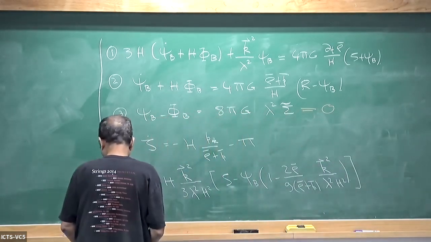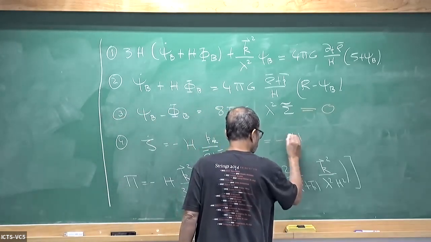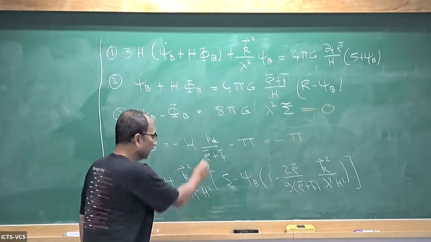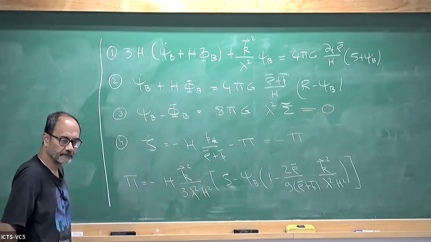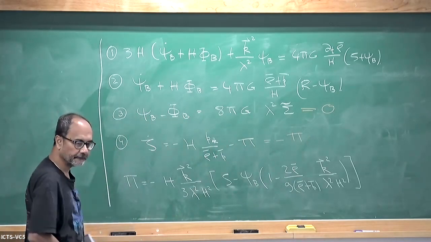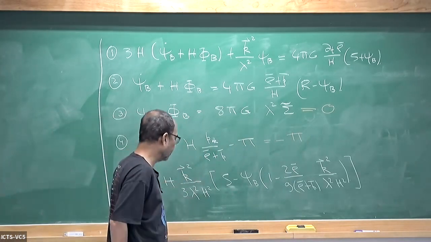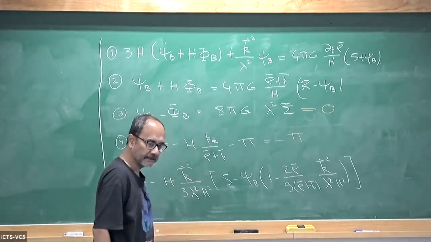So this one I'm going to replace by minus pi, because p is 0. So these are the two places where the equations will simplify once we put the condition on the energy momentum tensor that we derived.